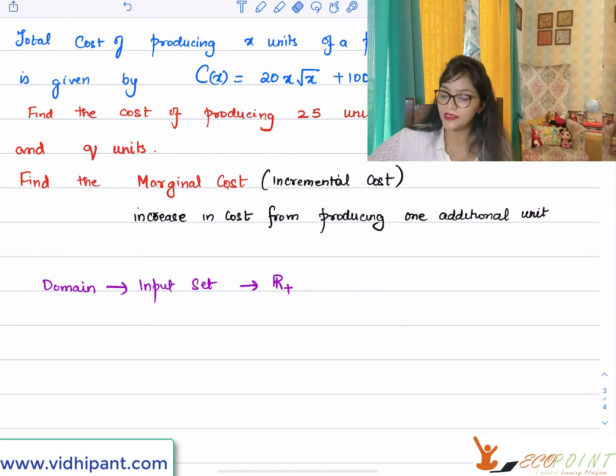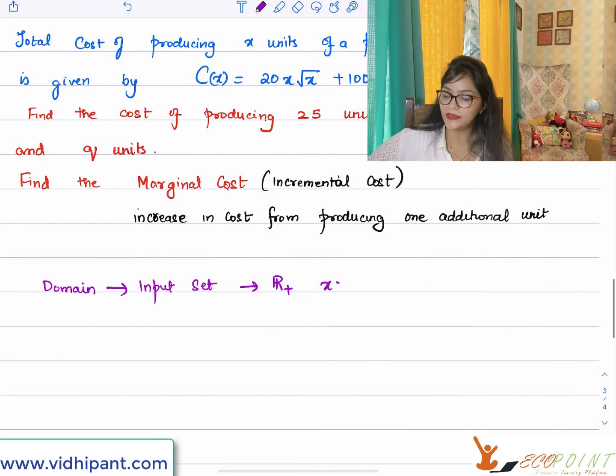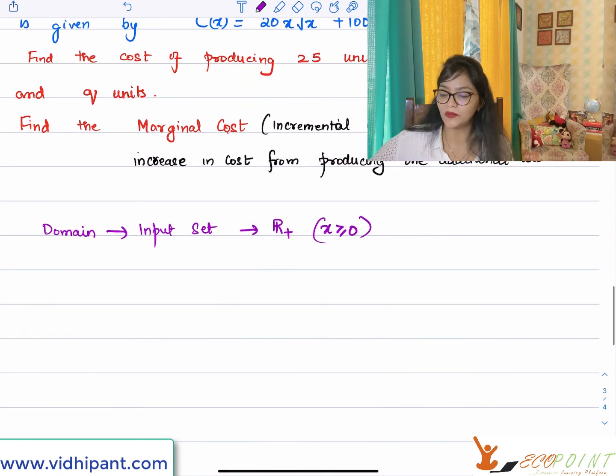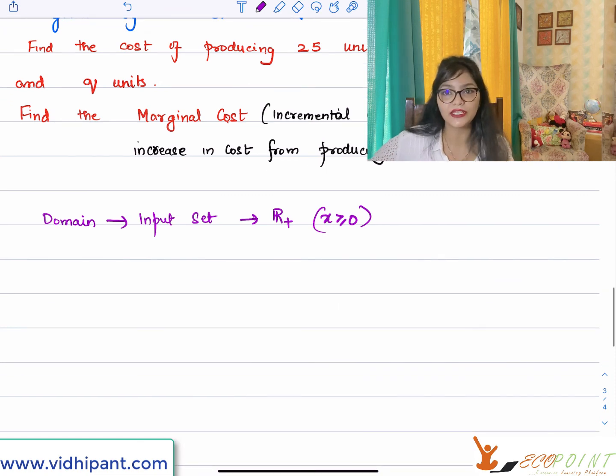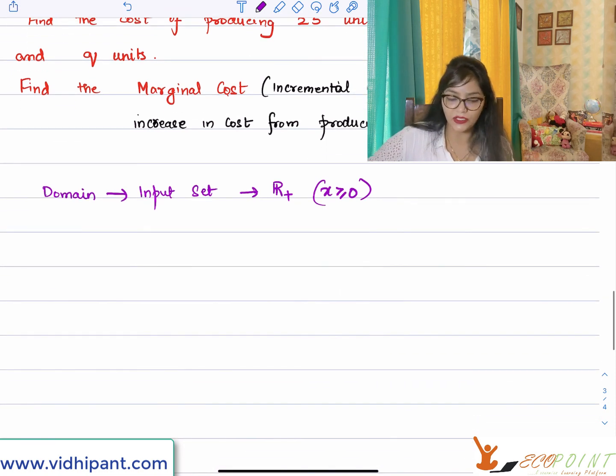Now what is R plus? That means we are only taking x greater than or equal to 0 because I have square root of x here. So this is very obvious that I cannot take negative. Otherwise also I'm producing x units, I will not produce negative. So my assumption will be that I'm producing either 0 or more than 0 number of units. So x is greater than or equal to 0, and this is a valid function.